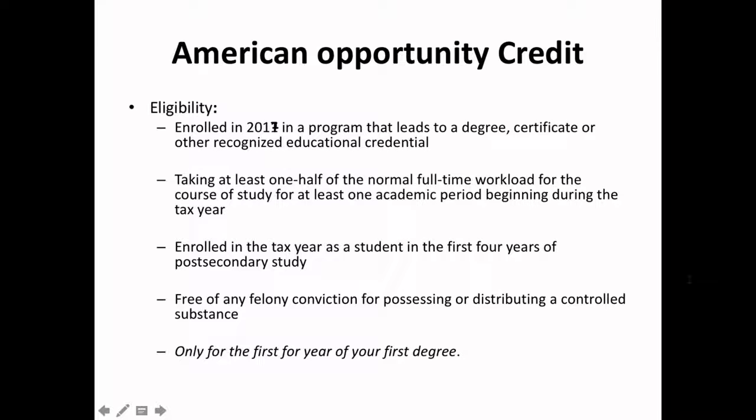I actually mentioned these two forms, 8863 and 1098-T. So remember, whenever someone wants to claim educational credits, the first form you need to ask them for is the 1098-T, because the university, the college, or the vocational school gave this person the form and said, here's your statement for the year.